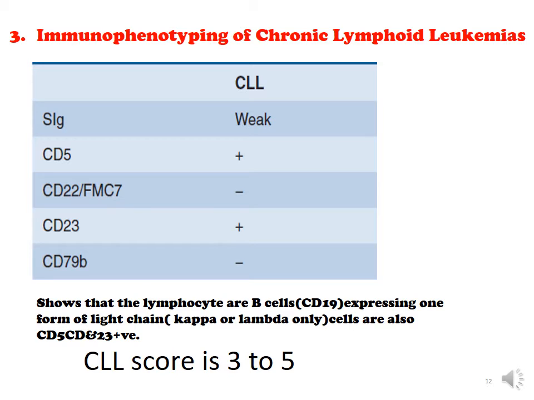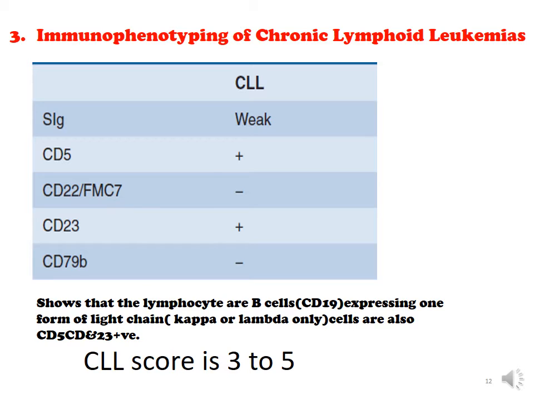This light chain restriction is one of the characteristics of clonal lymphocytes. So that's a malignant lymphocyte. It's a B cell, CD19 positive.